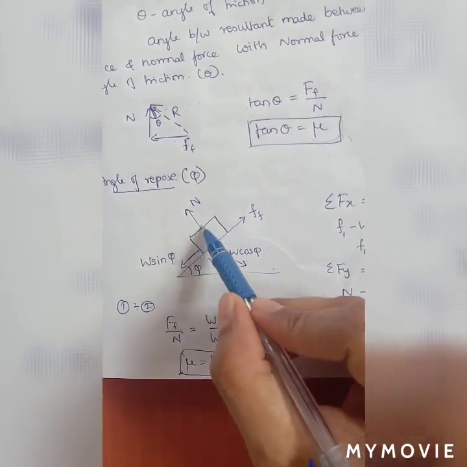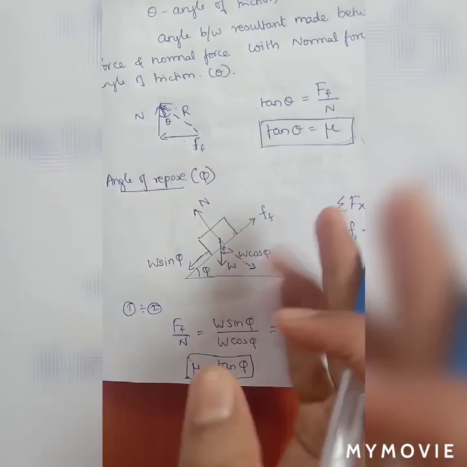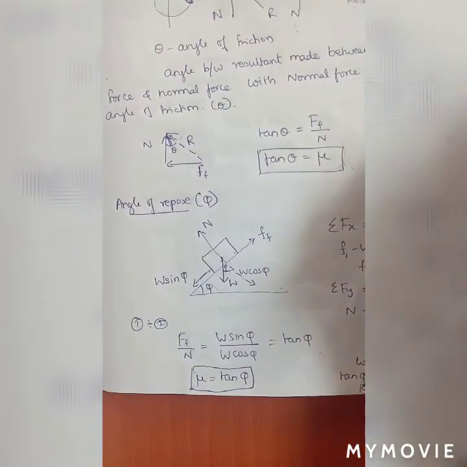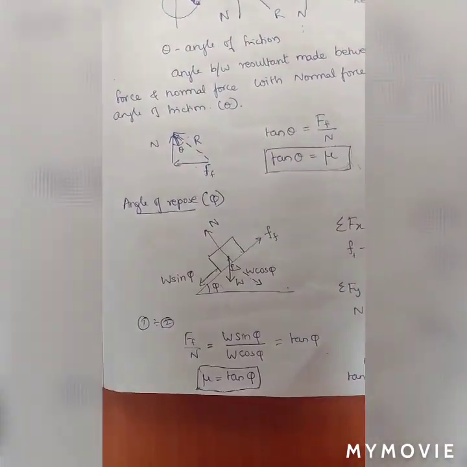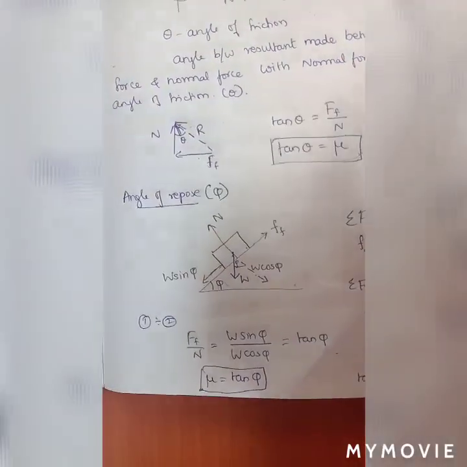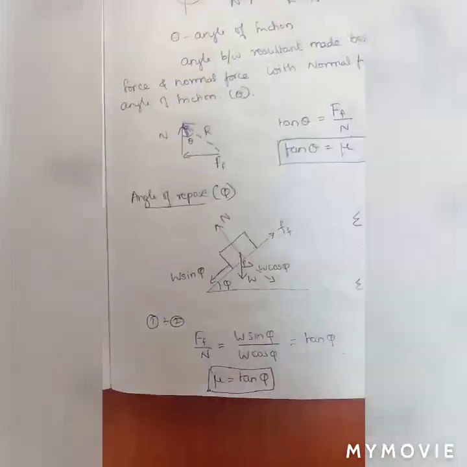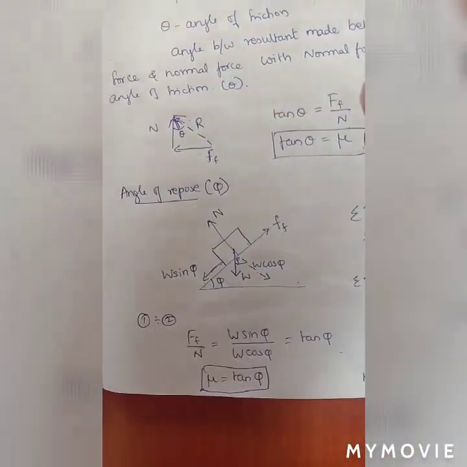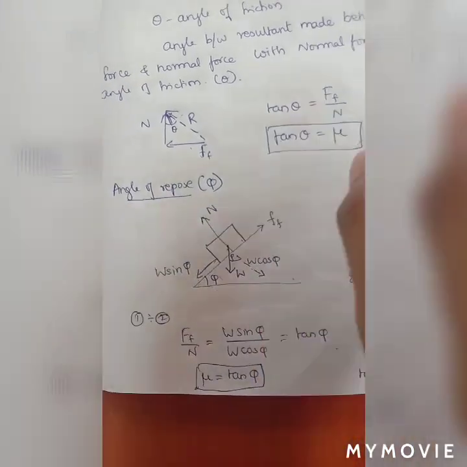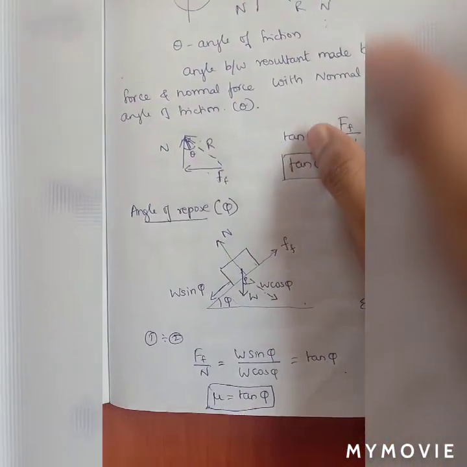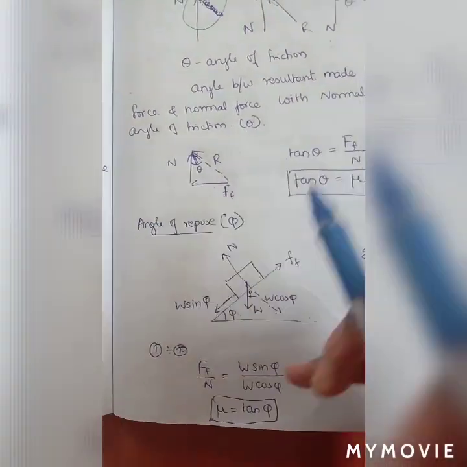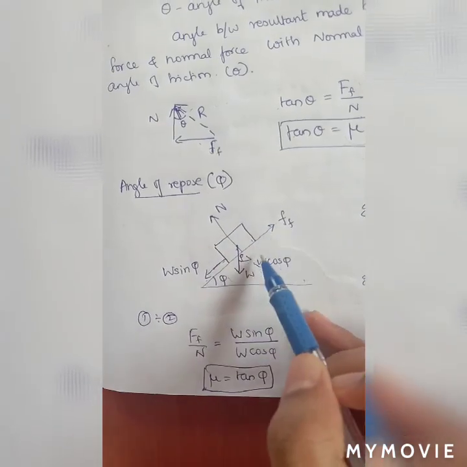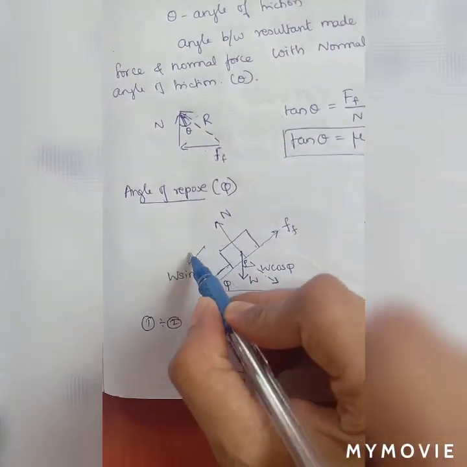Right? So if an object is placed over here and you incline the surface up to a certain angle, the body can resist it, or otherwise the body can hold its state of rest. Am I right? Up to a certain angle when you incline the surface, the body stays in that place itself. It does not move. But when you keep increasing the angle, at a certain angle what happens? The body slides downward due to its body weight.